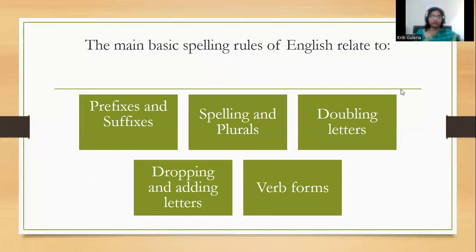Overall, we'll be studying the major spelling rules of English under these 5 domains. First domain being prefixes and suffixes. Second, spelling and plurals. Third, doubling letters. Fourth, dropping and adding letters. And fifth, verb forms.